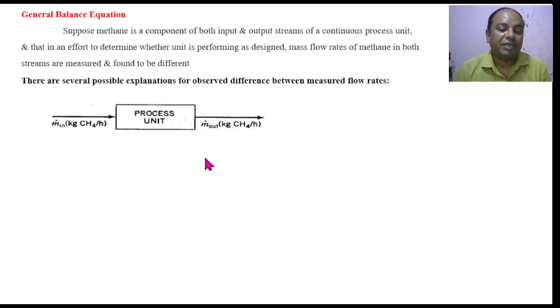So initially we will try to find out the general balance equation. Here methane enters and methane leaves, so there is one component that enters and leaves, so there is no chemical reaction.